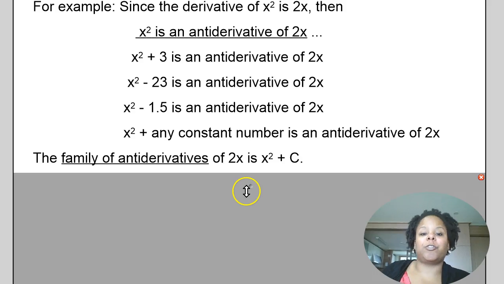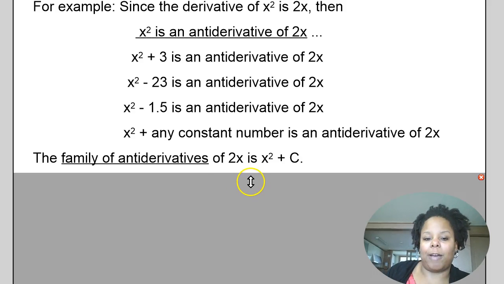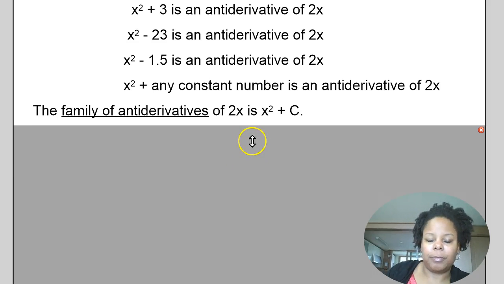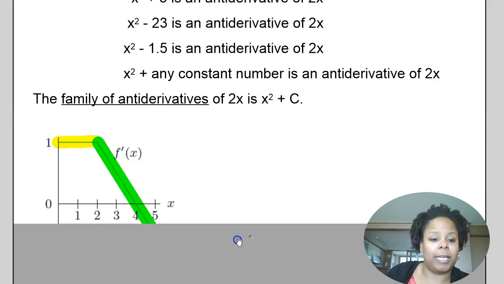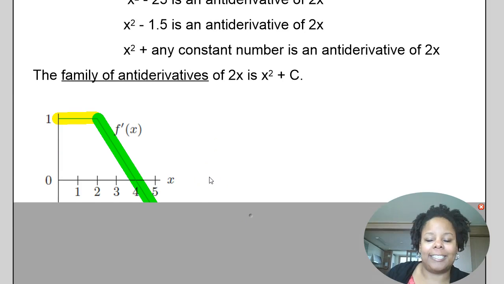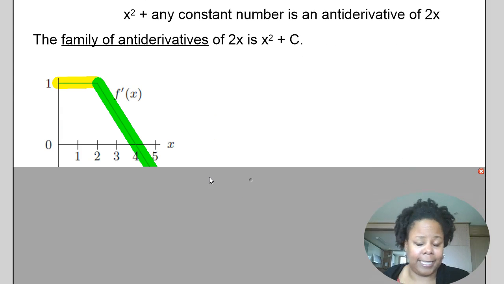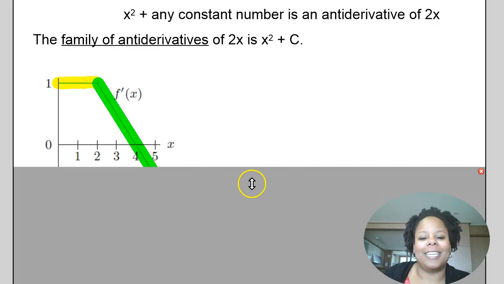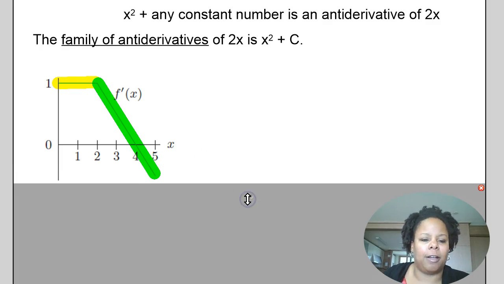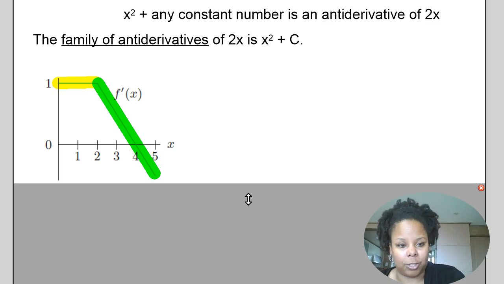Now, how can we use the derivative of a function to graph the original function? Well, we can be a little bit more specific using the relationship between a function and its antiderivative. So let's take a look at this graph, which is the graph of a derivative of a function.